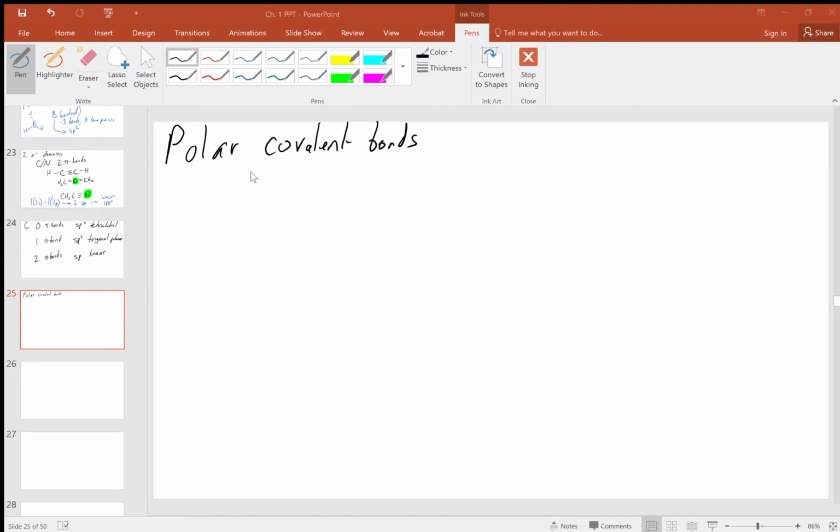Most commonly, we see polar covalent bonds when the difference in electronegativity between two elements is between 0.3 and about 1.7.